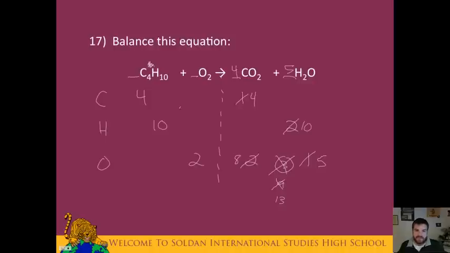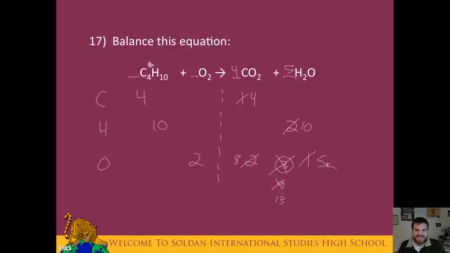Here's the dilemma. There are 2 oxygens here. There's no whole number that I can multiply by 2 to get 13 oxygens. My problem is that this is an odd number, and I can see that because this is an odd number.